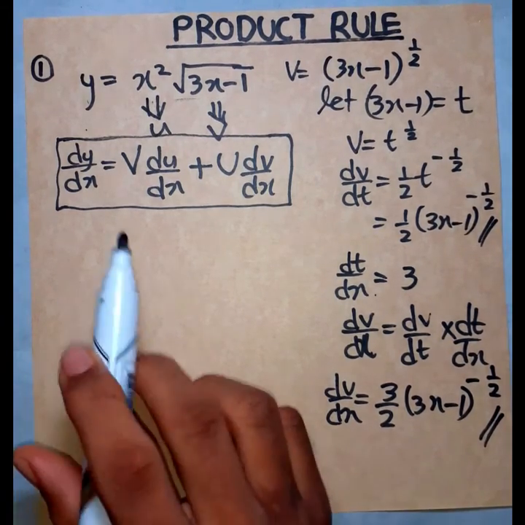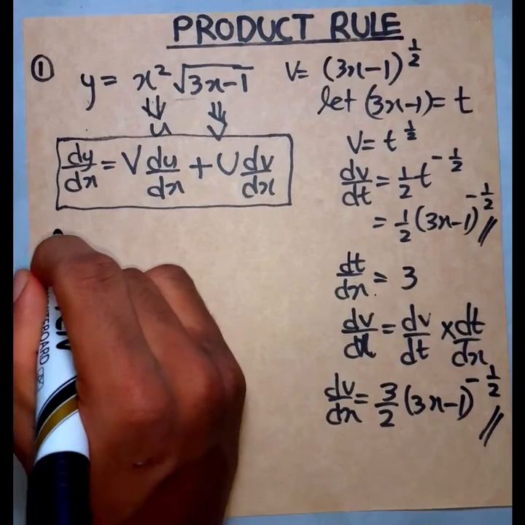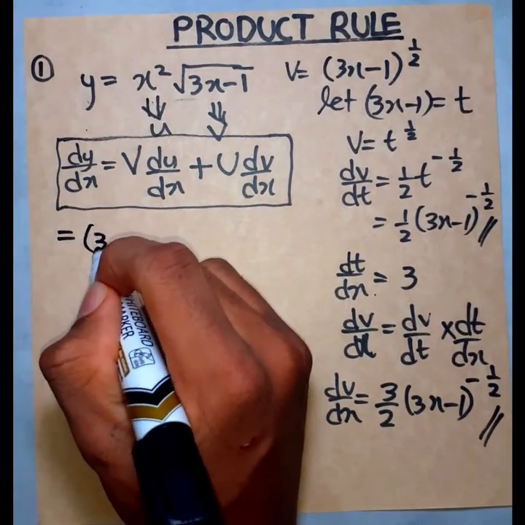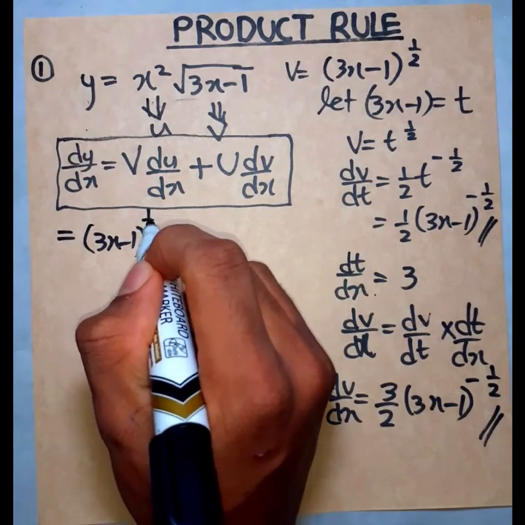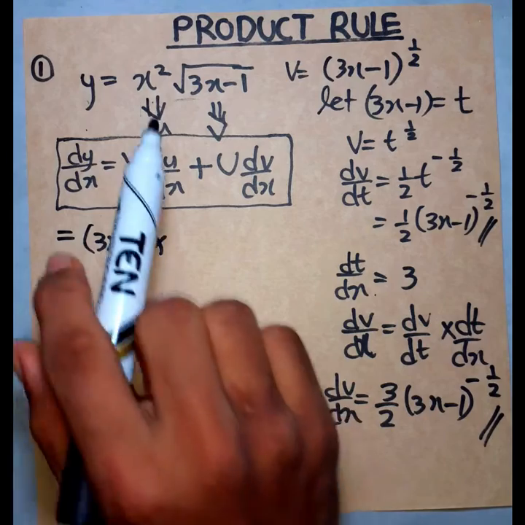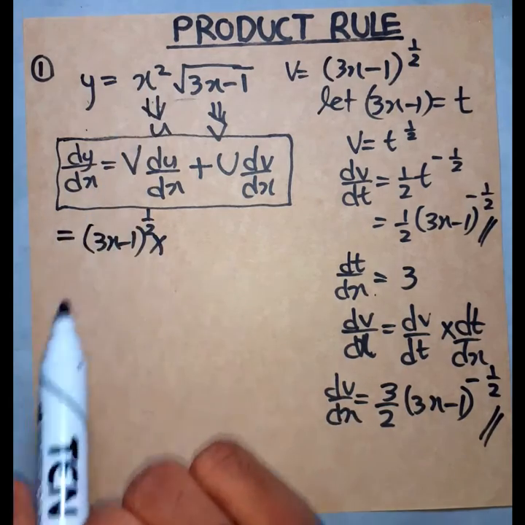So now let's apply the product rule for this. dy by dx is going to be v, which is 3x minus 1 to the power half, multiplied by du by dx. du by dx is going to be the differentiated version of x squared.